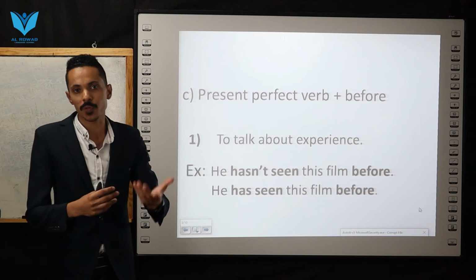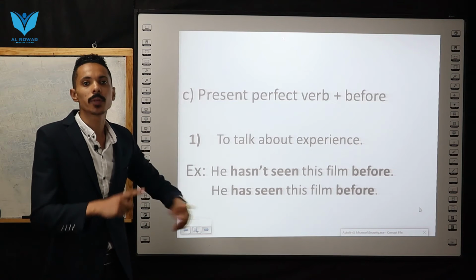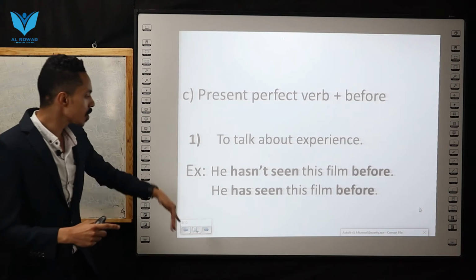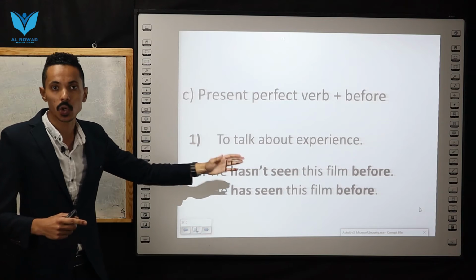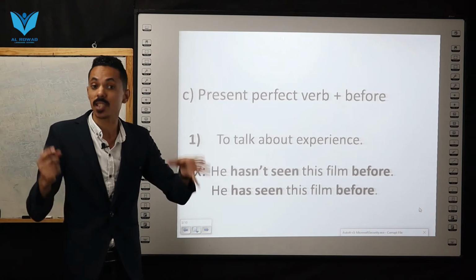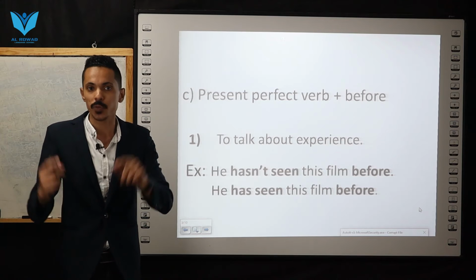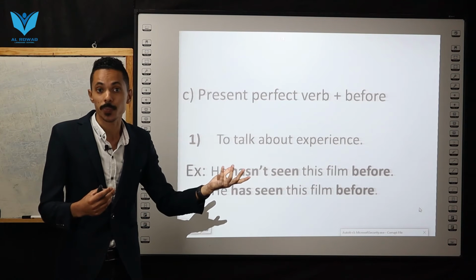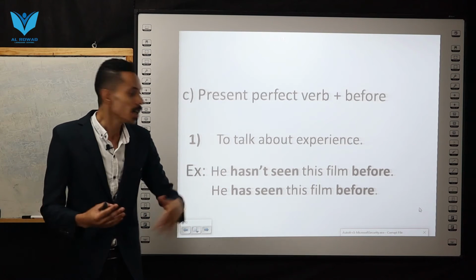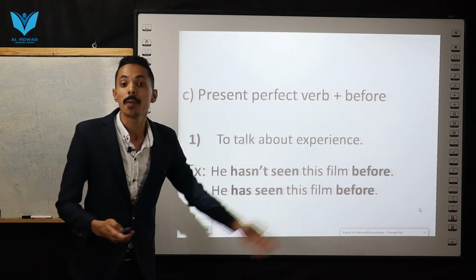But if you use before, you will make the verb negative. And also, he has seen this film before. If you want to talk about experience you really did, you can also use before. So positive experience, negative experience, present perfect verb plus before.